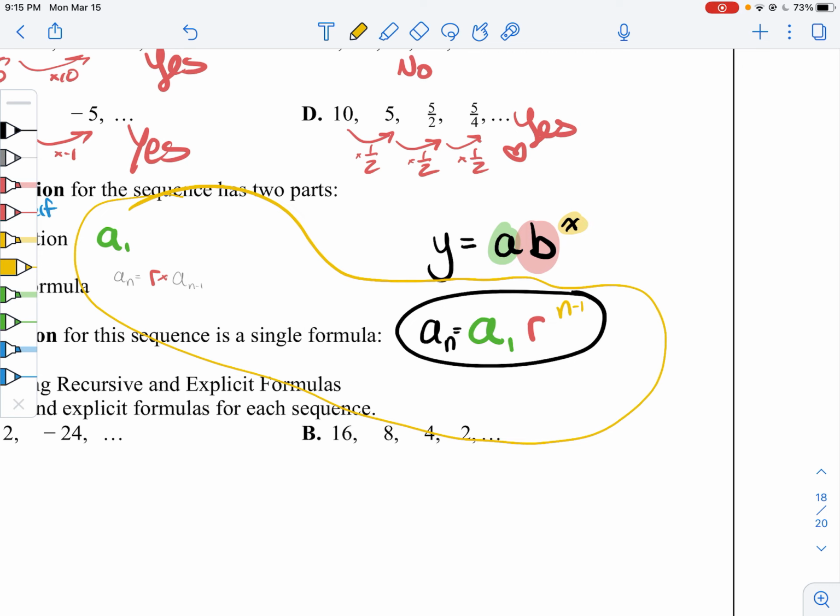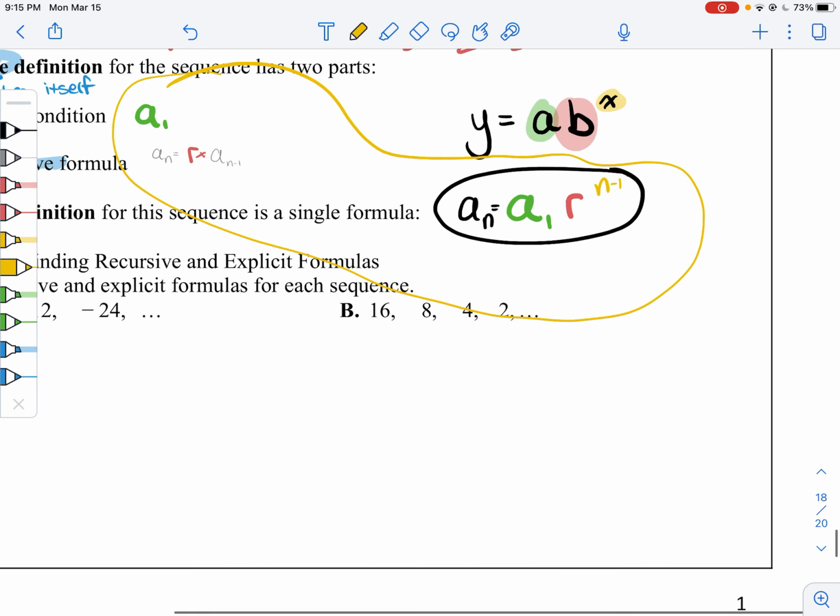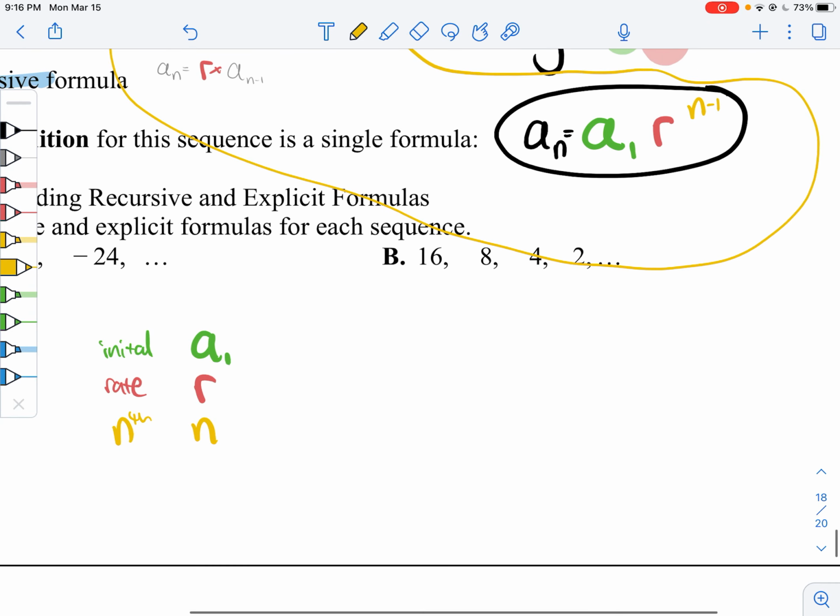So I'm going to rewrite them nicely. As long as we know our initial a1 and we know our rate r, and we want to find our nth term, then we can do one of two things. We can use the recursive.